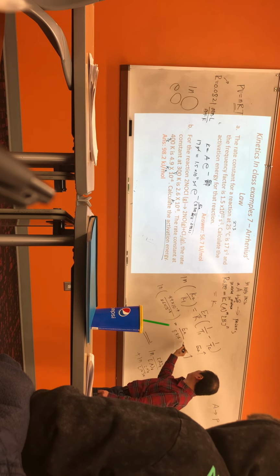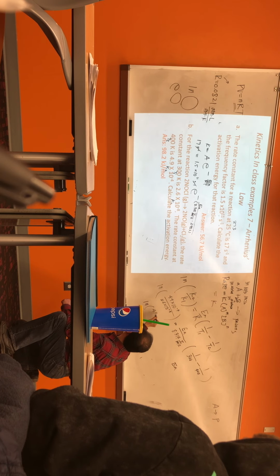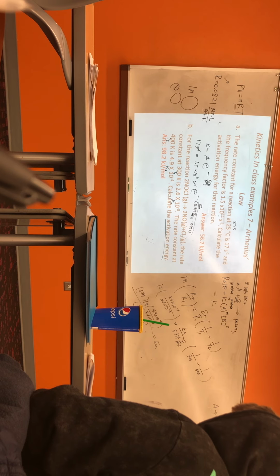So to find the activation energy, because that's what they are asking, activation energy is ln of 4.9 times 10 to the minus 4 divided by 2.6 times 10 to the minus 8, multiplied by 8.314, divided by (1/300 minus 1/400). That's our activation energy. That was the last slide.